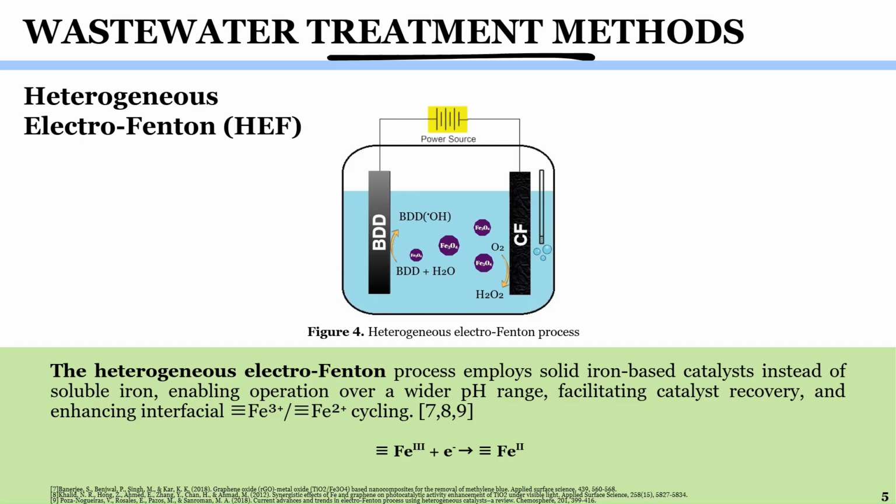Heterogeneous Electro-Fenton employs insoluble iron-based catalysts and offers several advantages, including operation over a wider pH range, easy separation, and reusability of catalyst. Magnetite, owing to its mixed valence ferric ferrous structure and magnetic separability, is a particularly attractive catalyst for activating hydrogen peroxide.